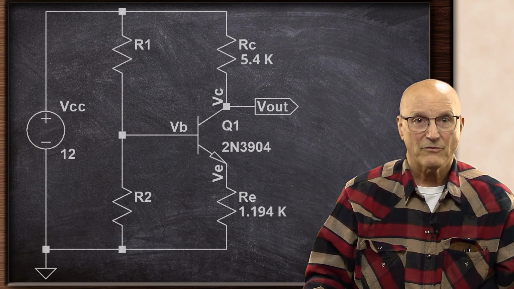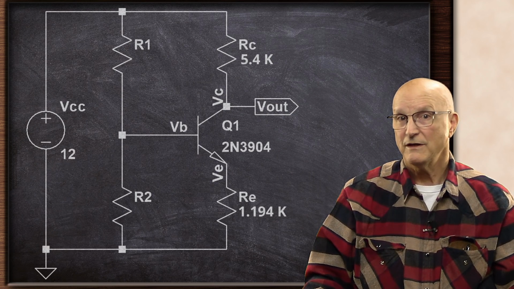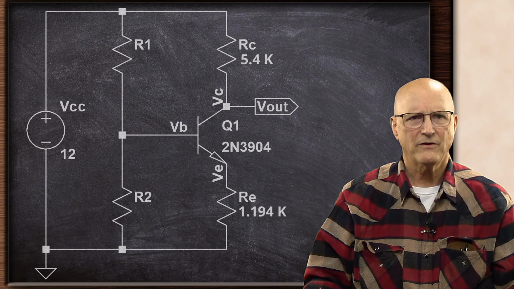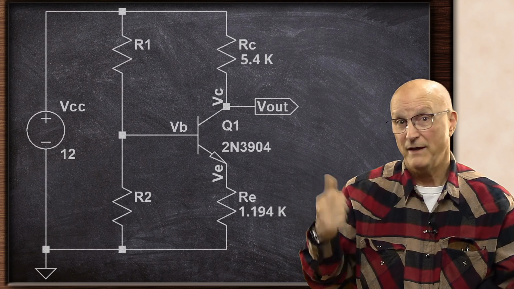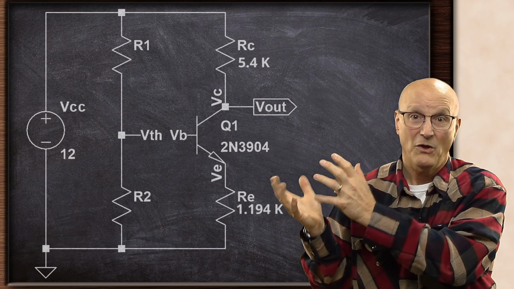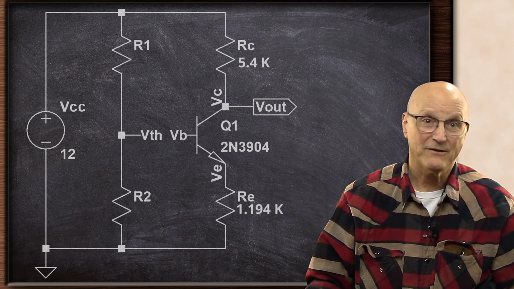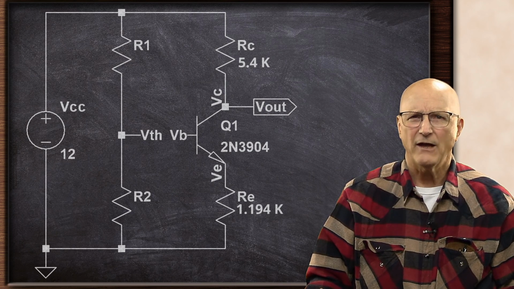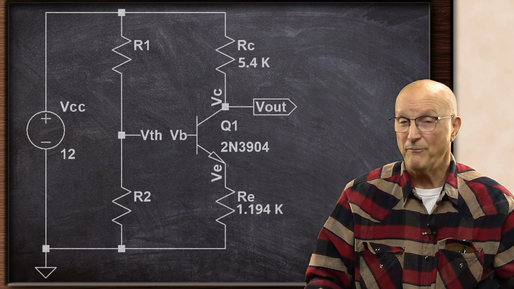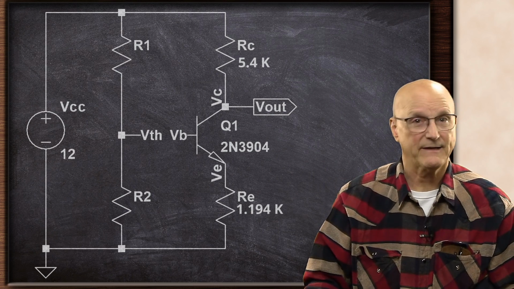The first step in creating our Thevenin equivalent is to disconnect R1 and R2 from the base of the transistor. So this becomes this. We now have a standalone circuit. Our question is, what is the open circuit voltage where the base would have been connected?